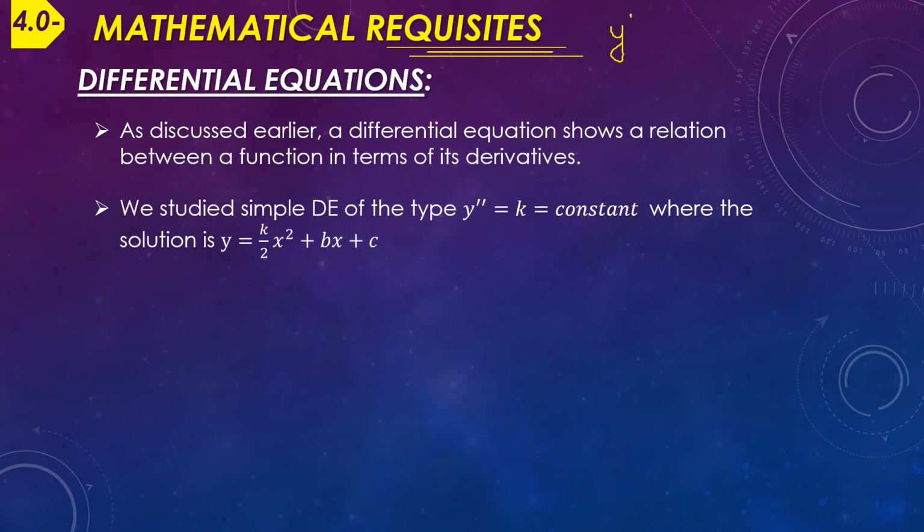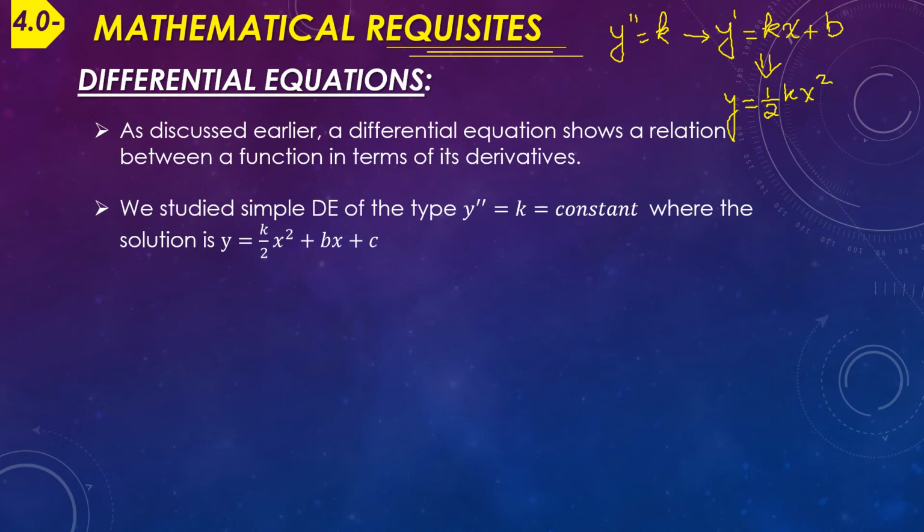If y double prime equals k, then y prime, think of a function that upon deriving you get k, a constant. It is simply y prime equals k times x plus another constant, let's call it b. Now, think of a function y that upon deriving we get y prime, which is kx plus b. To derive something to get kx, it is simply half kx squared. The half comes from deriving x squared.